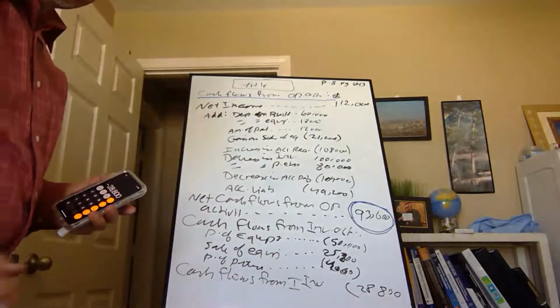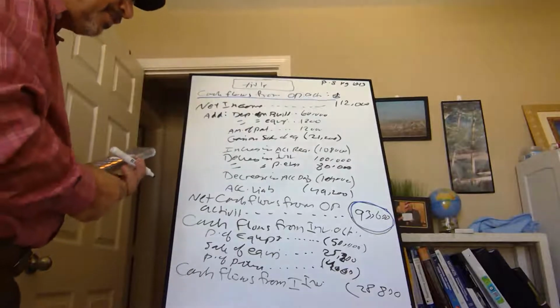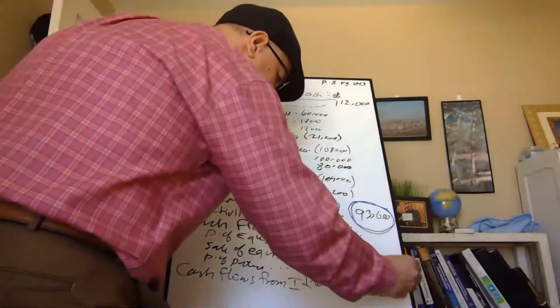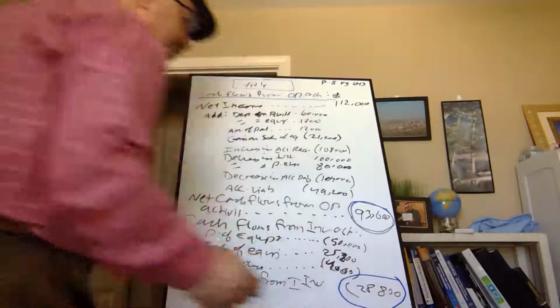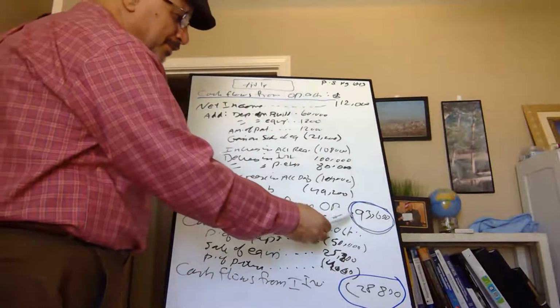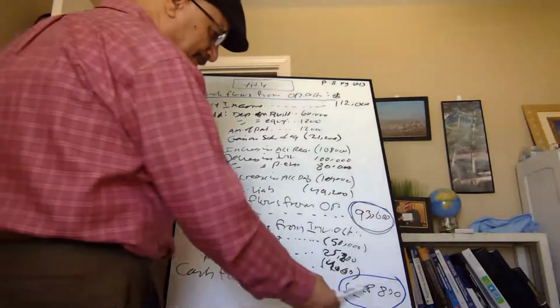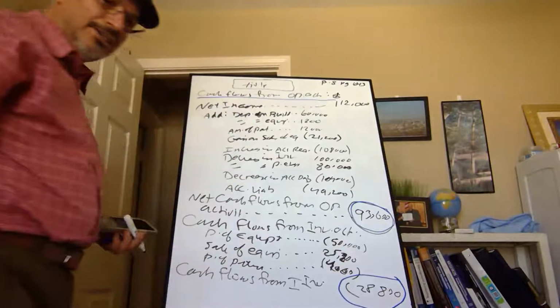Okay, so this is the second component. In the operating cash flows, we have positive 93,600. On the cash flow from investing activities, negative 28,800.